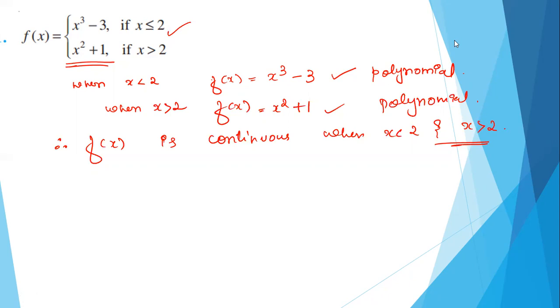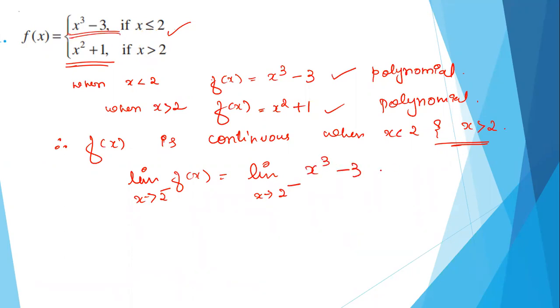So find out the left hand limit and right hand limit. What will be the left hand limit? Limit x tending to 2 minus, means we are approaching x to 2 from the left hand side. So f of x will be limit x tending to 2 minus, x is less than 2. So function is x cube minus 3.